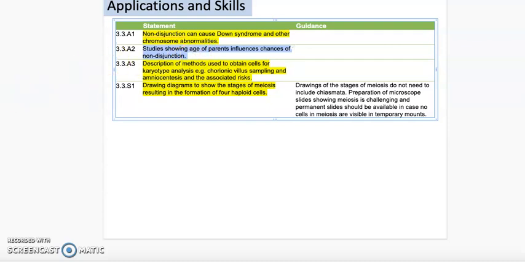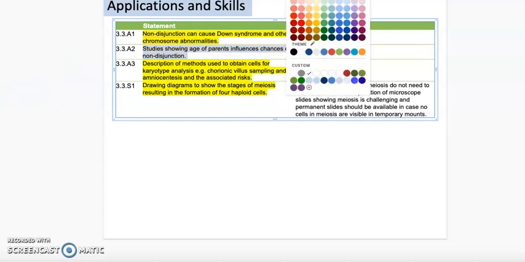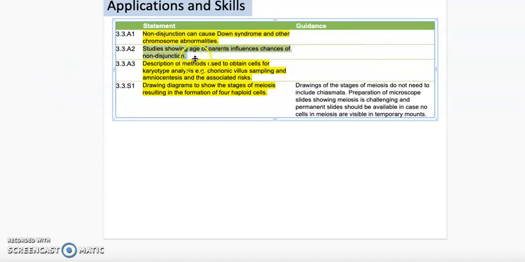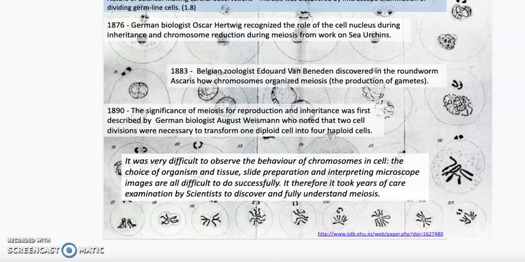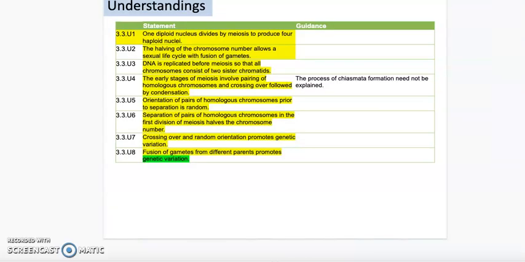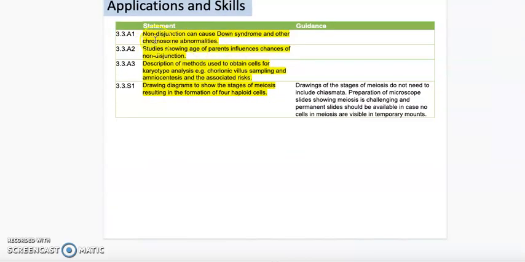So essentially, this statement is just about you knowing that as humans age, the chances of non-disjunction occurring increase. The chances of non-disjunction occurring and having a genetic disorder in your child, such as Down syndrome, can increase as you get older.